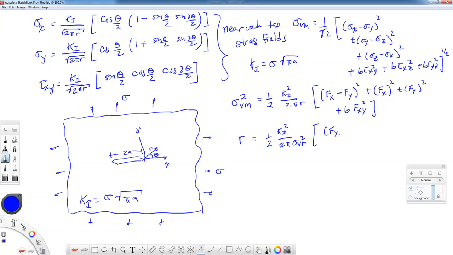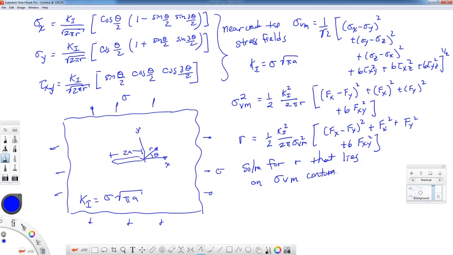I'll go ahead and write this down just so I have it here. And we can solve for the value of r that lies on a contour at any angle.